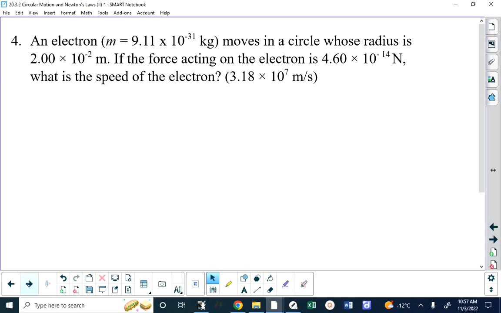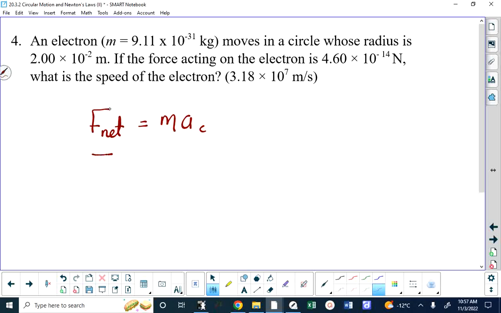We're talking about a force that causes the electron to move in a circle. So there's some net force acting on it. And that net force causes centripetal motion. And you know what, everybody? I'm not even going to call this net force centripetal force. It's the net force.